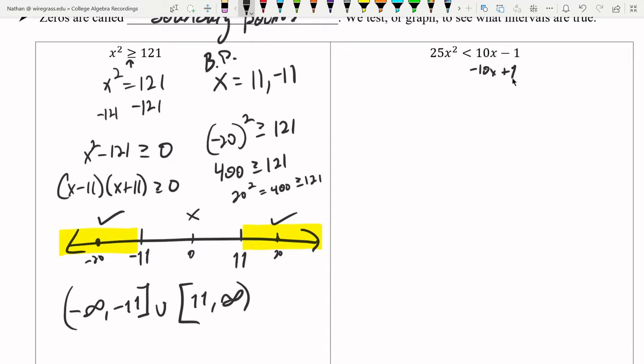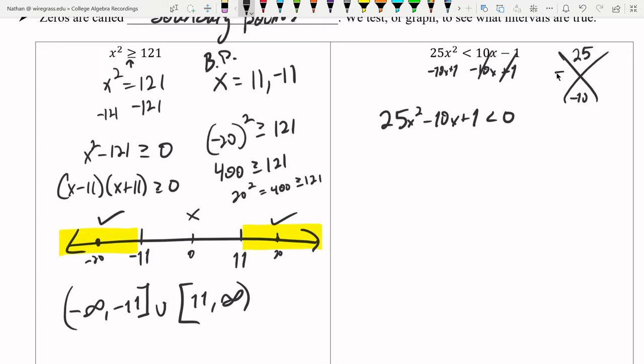Let's get one side equal to 0. That's going to give me 25x squared minus 10x plus 1 less than 0. Okay, factoring the first side, the AC method is 25 times 1, and the sum is minus 10. This is going to be negative 5 and negative 5.